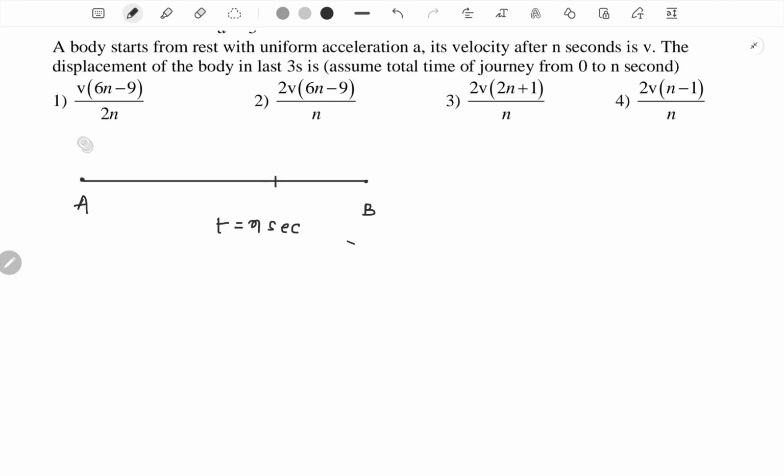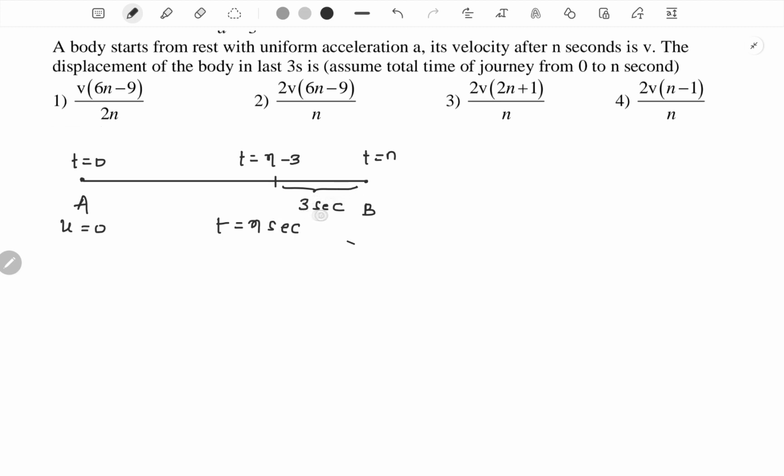Let's say the body started its motion at t is equal to 0, and as you can see it started from rest. Let's say the body was at this position at t is equal to n minus 3, and the body would be here at t is equal to n. So this is the time frame they are referring to, the last 3 seconds of its motion.